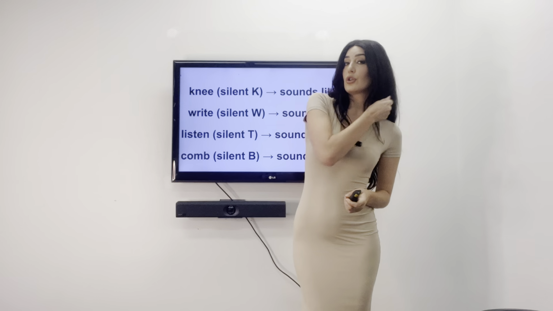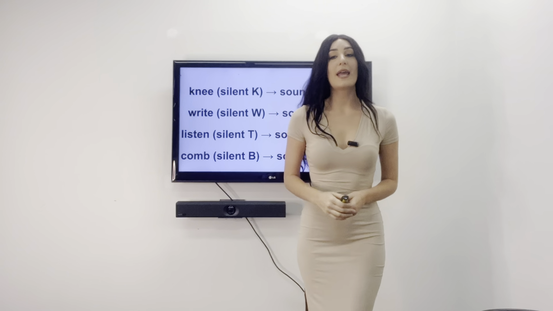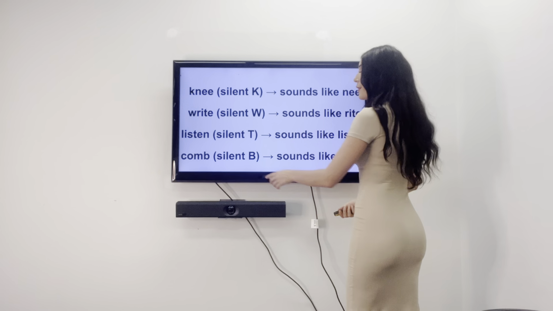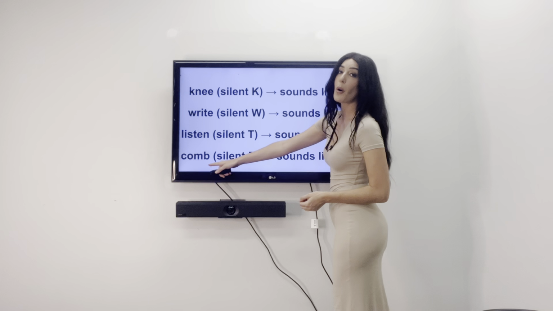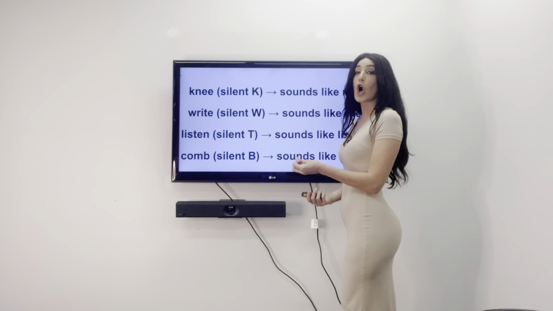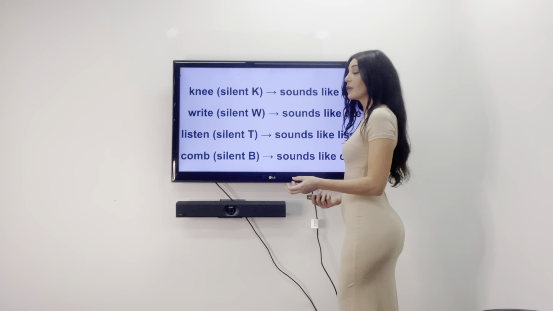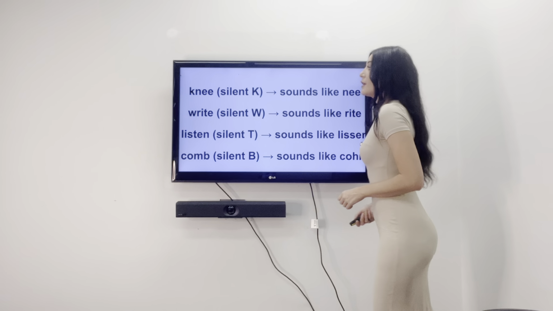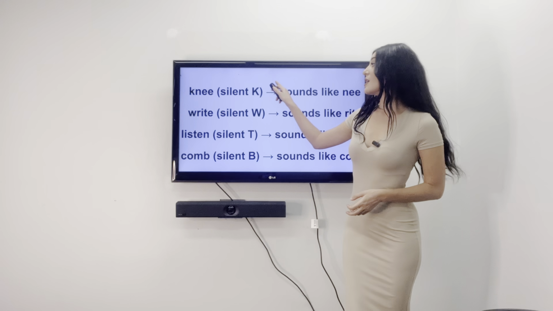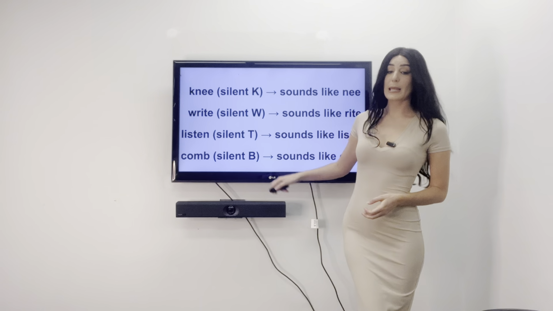Comb, that's what you use to brush your hair, a comb. The B is silent. Okay, we don't say comb, it's silent. Comb, comb. It sounds like comb. All right, so you can have silent K, silent W, silent T, silent B.